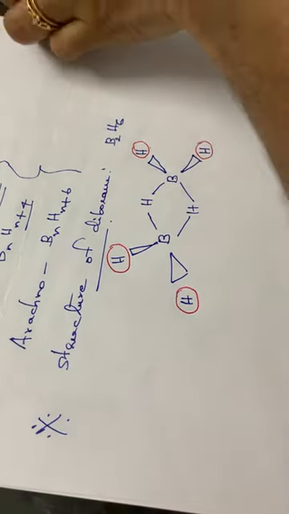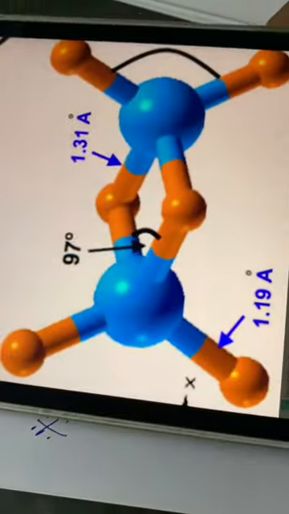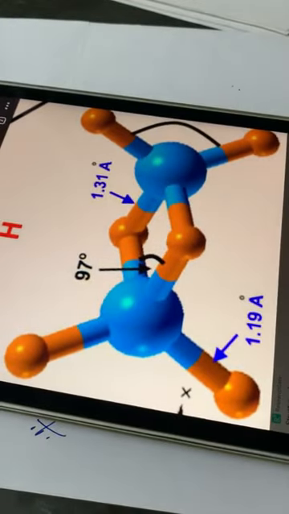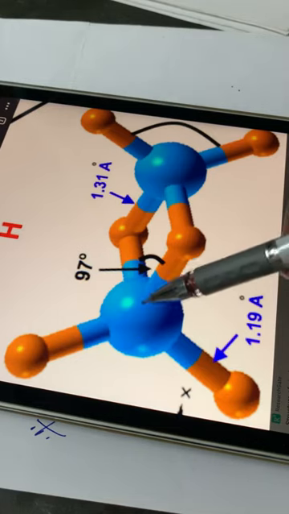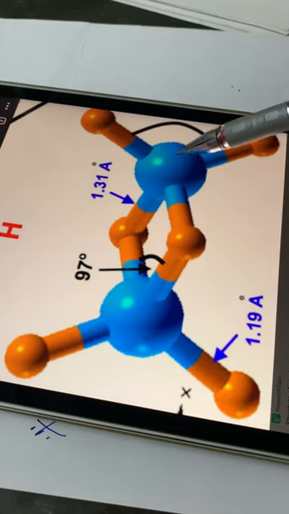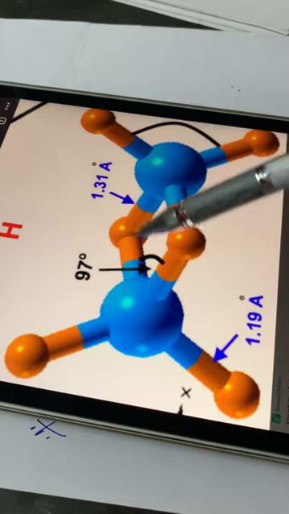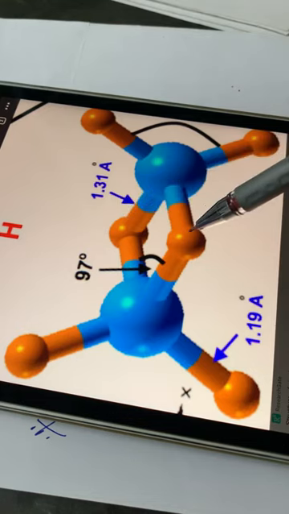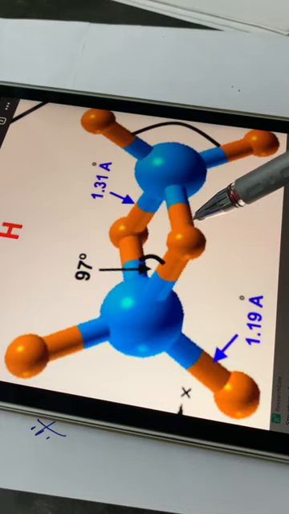Okay, so let us see the 3-dimensional structure. I searched in Google and got this structure. See, this is the structure of B2H6. These two blue are the boron atoms, and these 2 are the hydrogen atoms which are bridged across the 2 boron atoms.